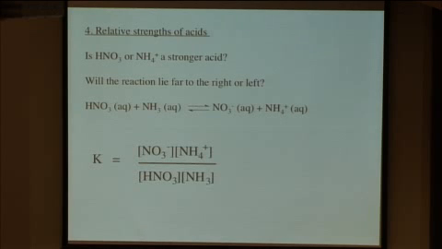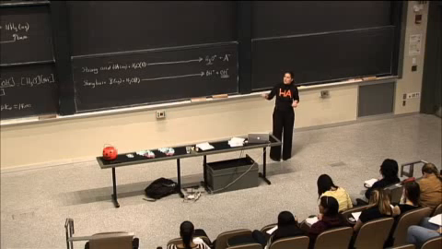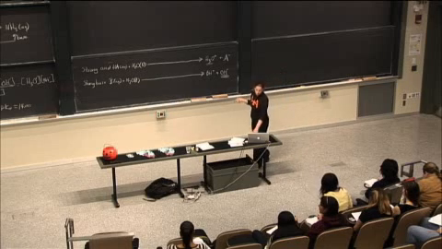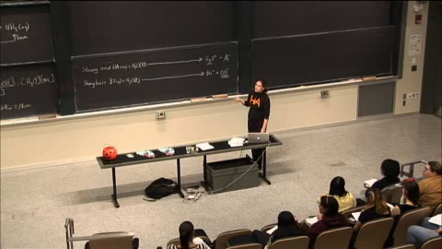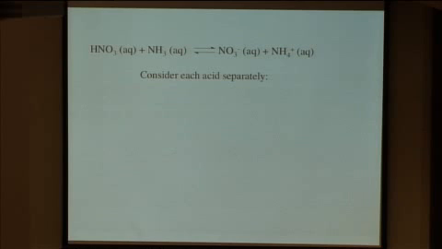So we can consider the K for the overall reaction, again, just products over reactants here. And we can also consider the reaction for each acid alone in water. So first, we can take a look at one acid. If we take this acid alone in water, it will form H3O plus and NH3 minus.